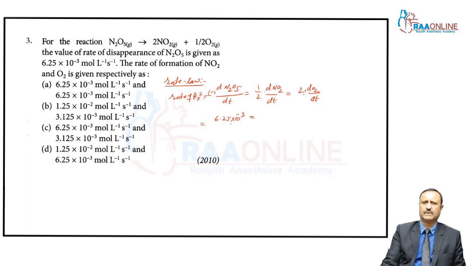This is the value for N2O5. Now we want the rate of formation of NO2. So my dear students, you can take only these two equations. When you want this d[NO2] concentration, then this 2 is moved to this side.